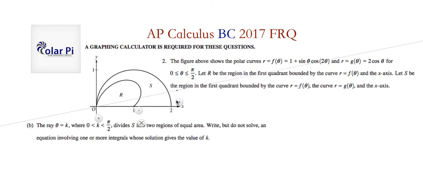Because the region over here is wider than the region here, I'd imagine that the value of theta would be less than pi over 4, which would divide the first quadrant into two equal parts, right? So it'd be something like this. It'd be the correct visual, is what I'm saying. This is the value of theta we're trying to look for, the angle made with the positive x-axis. We call this value k.